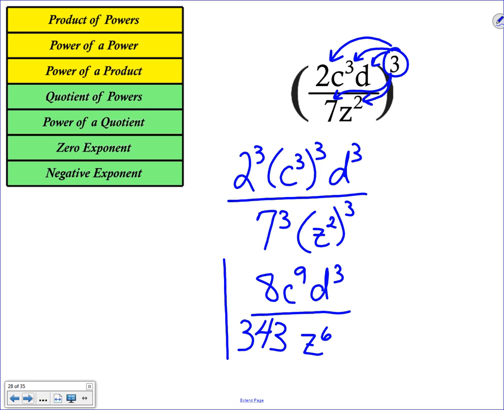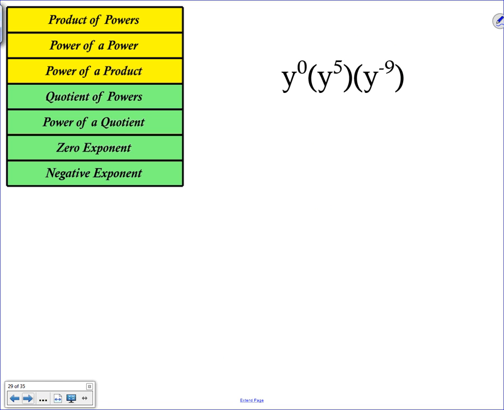So I do have to use some of my multiplication laws as I'm doing these problems. With this one, I know that y to the 0 power is going to be 1, so I don't have to look at that anymore. I have y to the 5th times y to the negative 9th.